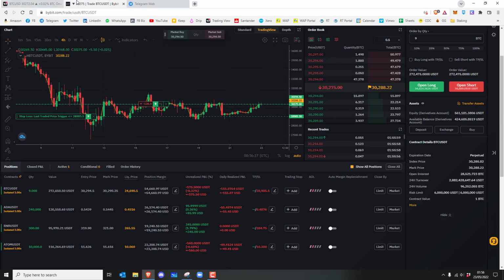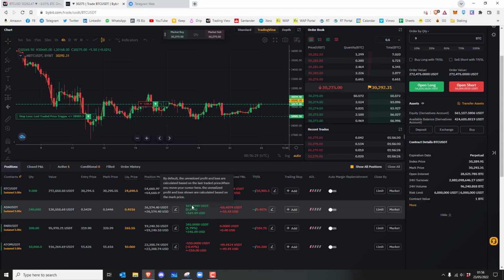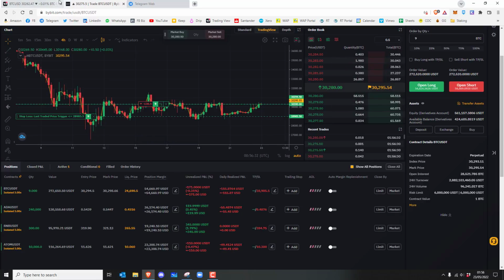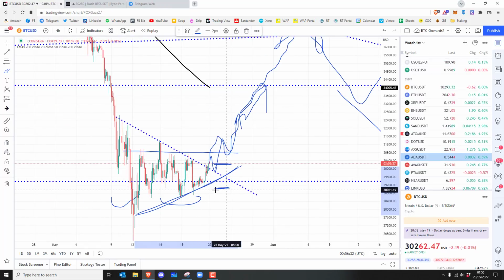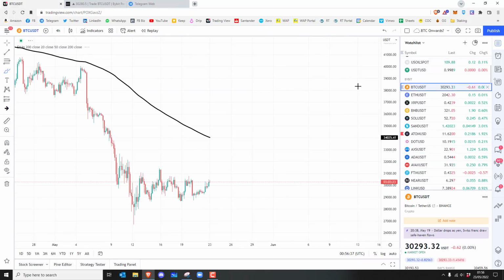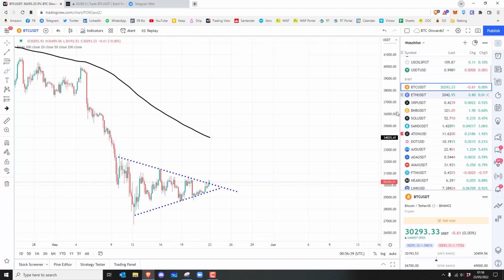Cool. So I'm just going to let them run overnight. I'm about to go to bed. Again, we've got plenty of space for this to roll over. But yeah, let's have a look at a neater chart.